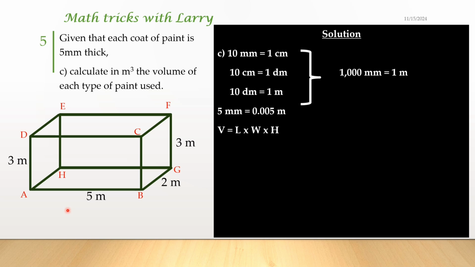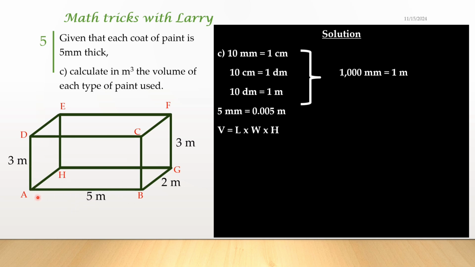Let's look at just the exterior surface. The volume for this exterior surface is given by this length AB times this height AD. Now, that is the surface area.